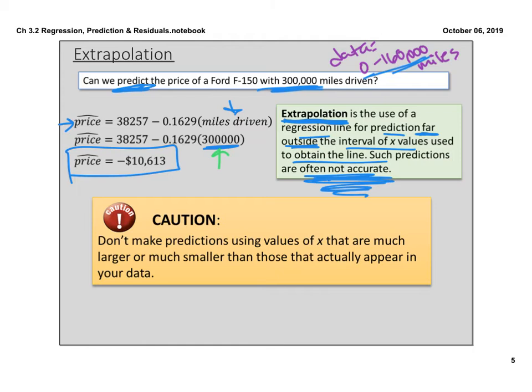It's not going to make any sense. So the AP exam caution here is: don't make predictions using values of x that are much larger or much smaller than those that actually appear in your data. If your data is in a specific range, you cannot use that regression line to predict something that's way far outside of it. That's what's called extrapolation.